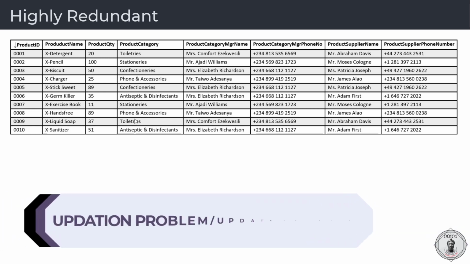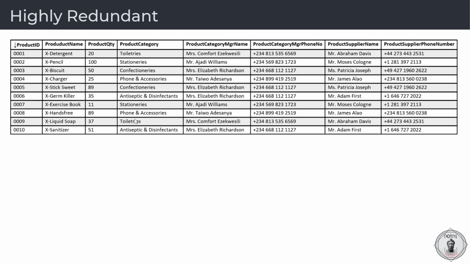Another problem we need to look into is the updation problem, also known as the updation anomaly. Let's assume that we need to update the phone number for one of the managers. Let's say this Mrs. Comfort, for instance, if her phone number has changed and we need to update this particular record, it means that we need to look for all records where she appears.